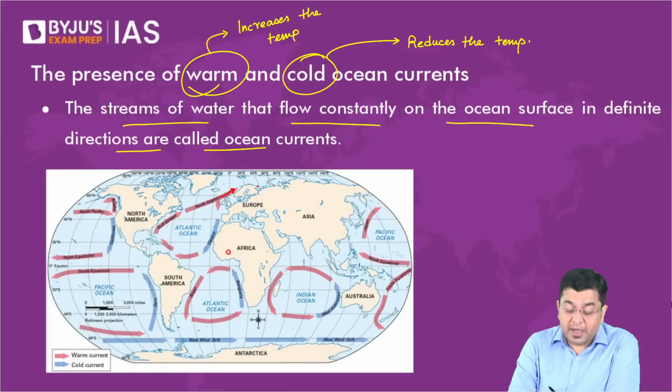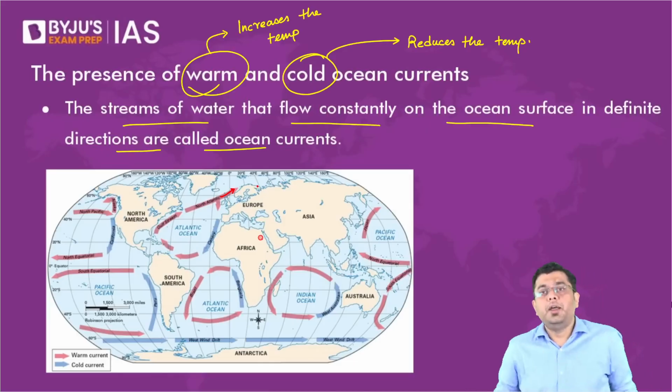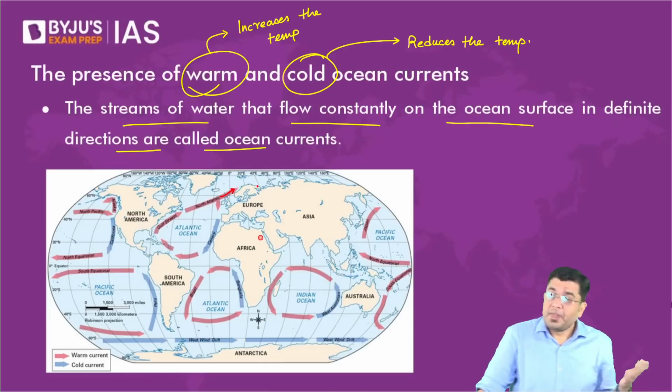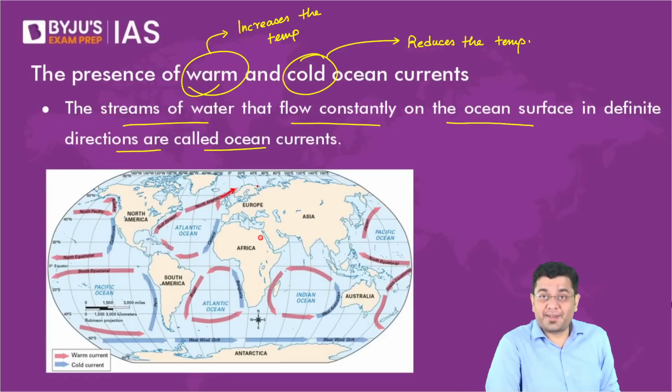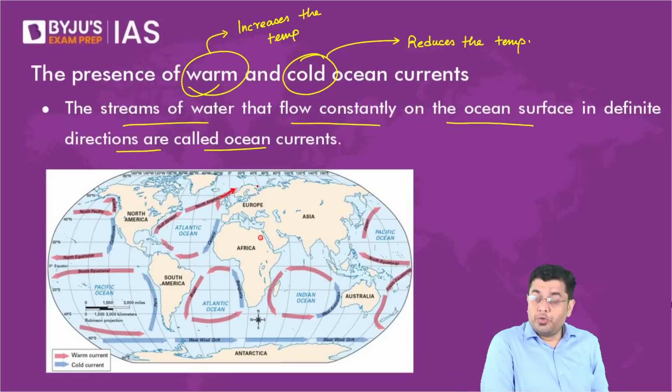And that warm North Atlantic drift warms up the water surface in this area. That is why here you have an ideally very strategic port at the time of the Soviet Union, the port of Murmansk. And Murmansk used to house the significant nuclear submarine arm of the Soviet armed forces.